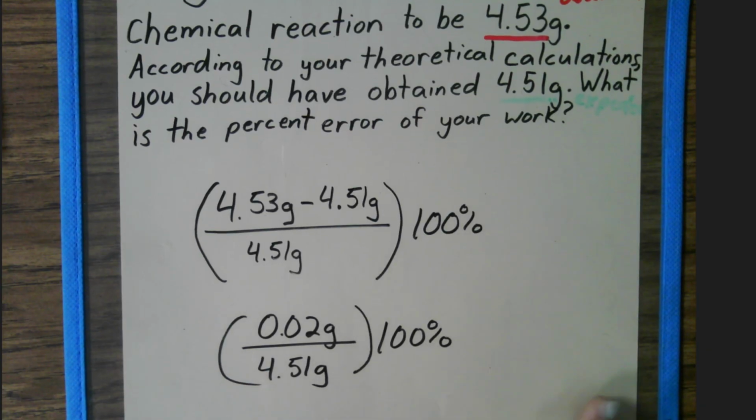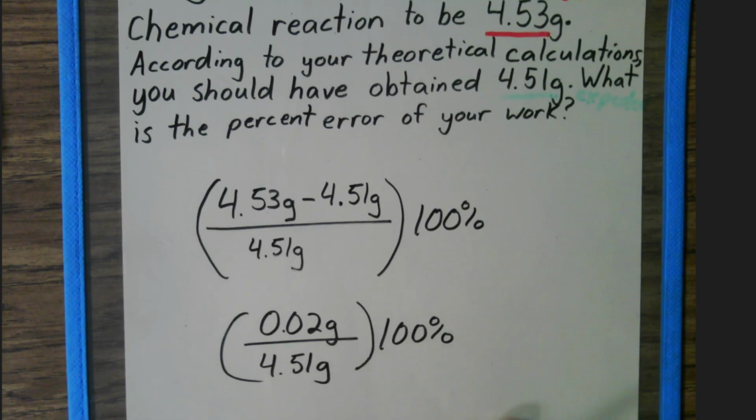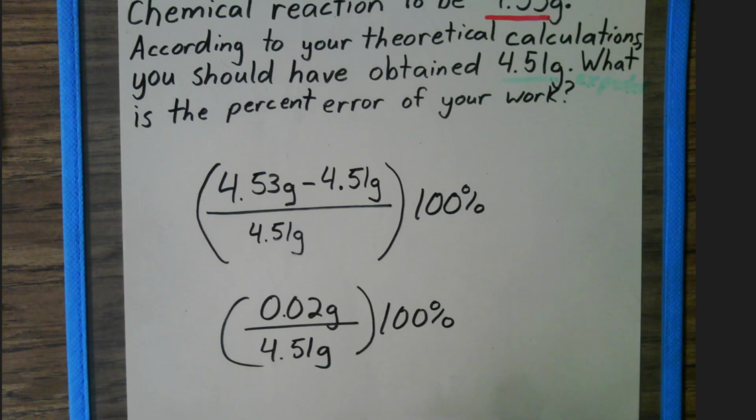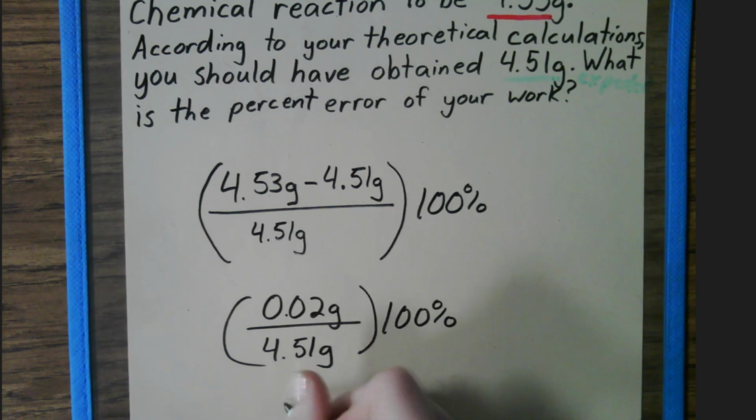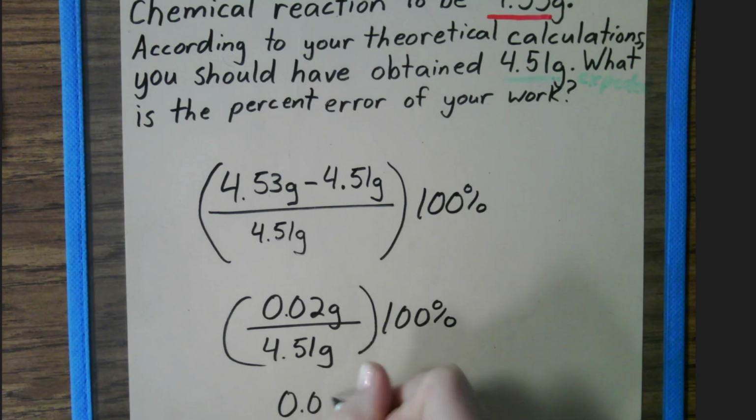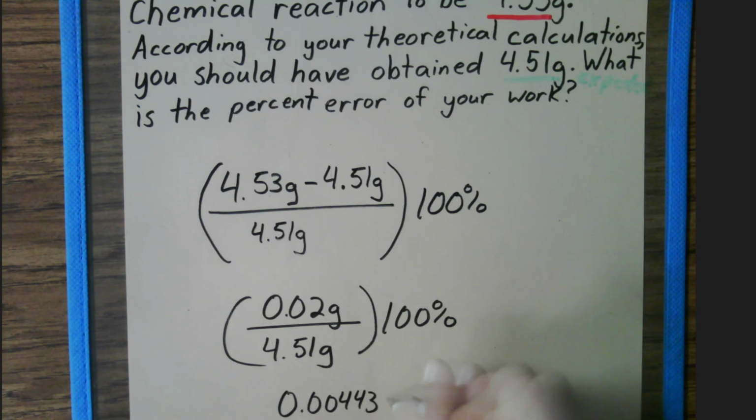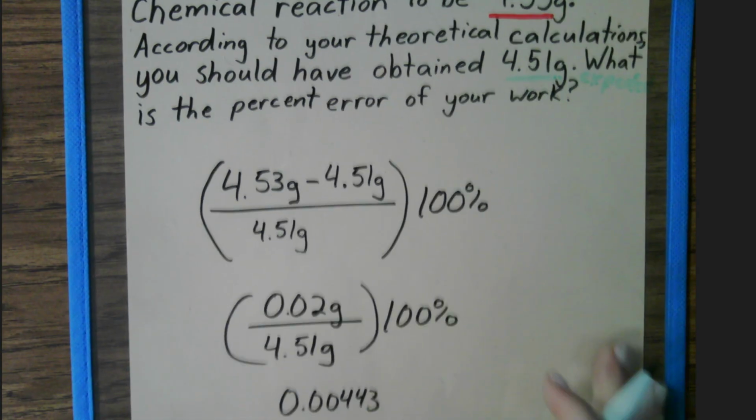Okay. Now we're going to do the division. That divided by 4.51 grams, which will be 0.00443 and so on. I have it in the calculator.